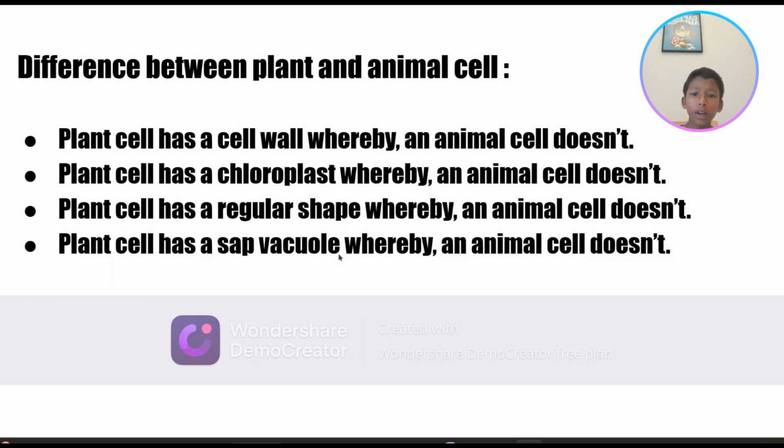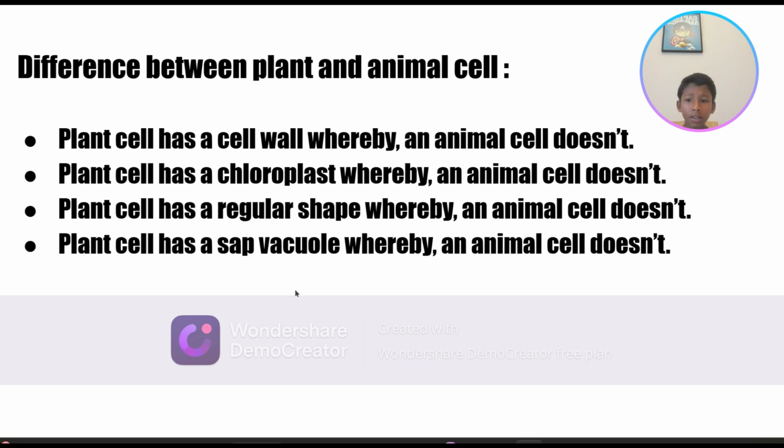Difference between plant cell and animal cell. A plant cell has a cell wall whereas an animal cell doesn't. A plant cell has a chloroplast whereas an animal cell doesn't. A plant cell has a regular shape whereas an animal cell doesn't.